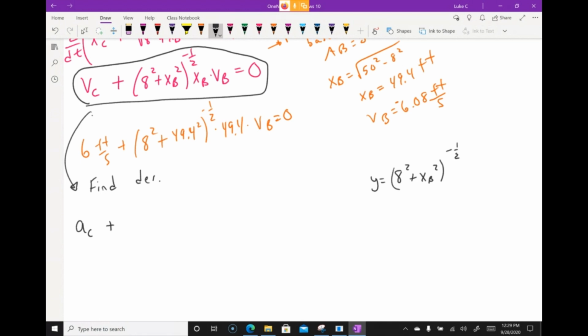So what you have to do is take the derivative of y with respect to t. So the derivative of the first times the second and the third, times xb plus vb, plus the derivative of the second times the first and third, so vb times y, then the derivative of the third times the first and second, times y times xb, equals 0.